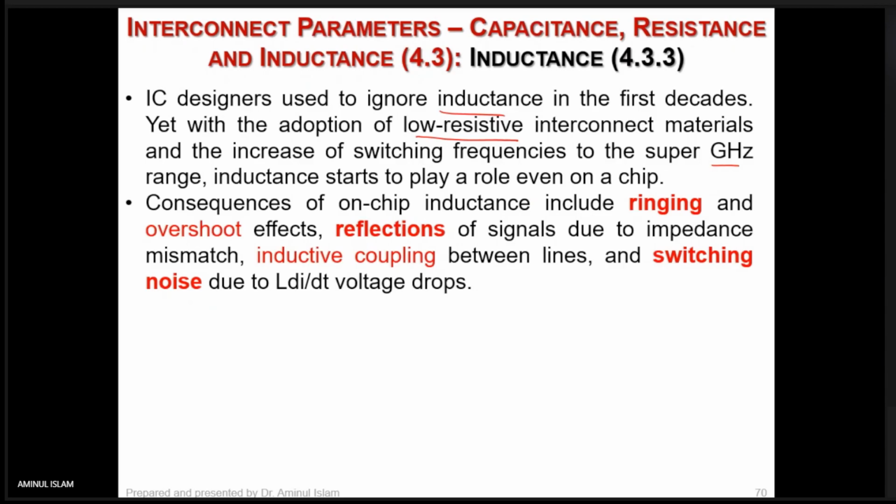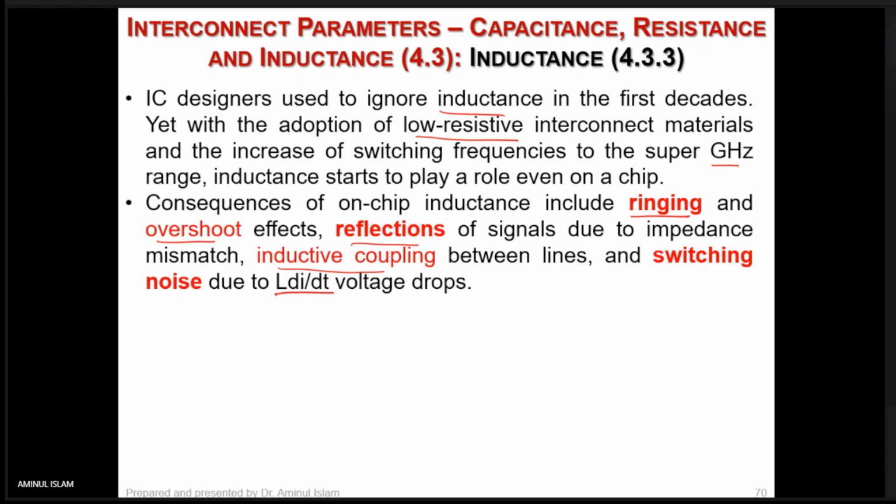Consequences of on-chip inductance include ringing, overshoot, reflections of signals due to impedance mismatch, inductive coupling, and switching noise. These are due to the inductance, so it has to be considered, and cannot always be ignored.